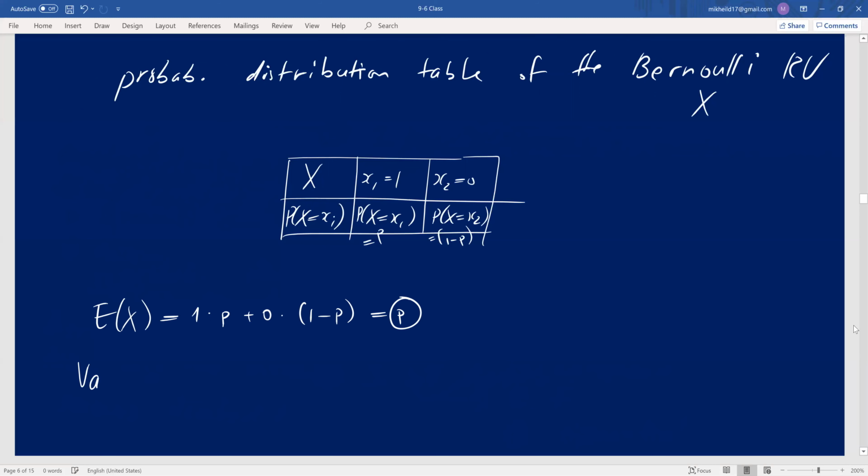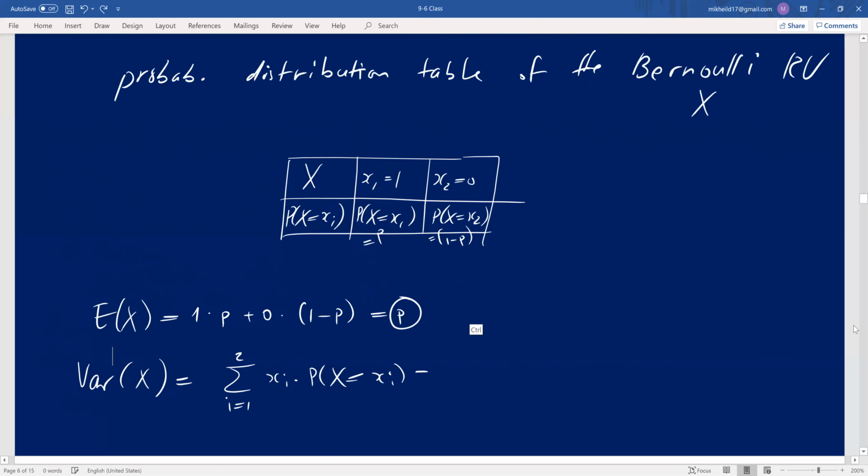And can we calculate the variance of the Bernoulli random variable x? Sorry, this is not the variance, right?